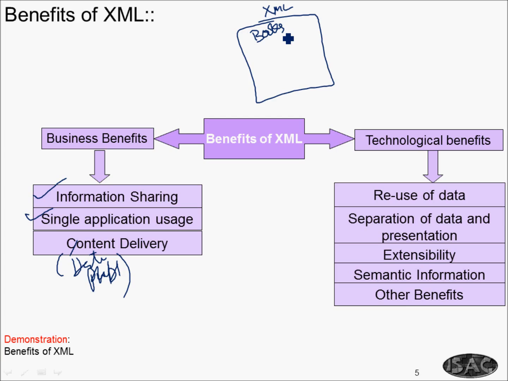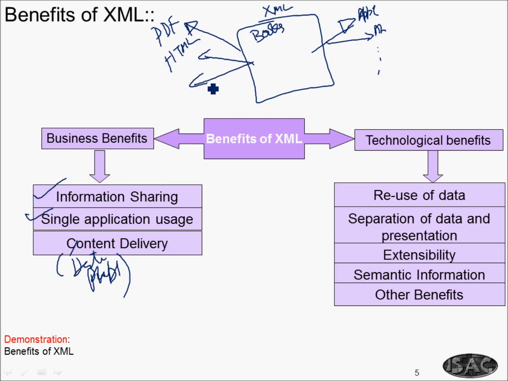Now the same XML file can be used by application 1, application 2, and so on. Not only that, the same XML file can be reused to convert it into a PDF format, an HTML format, or some text format, and each of these documents can have a different set of data out of that main XML data. That is what they call reuse of data.